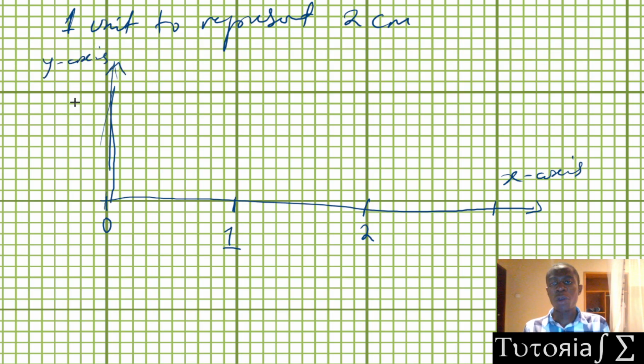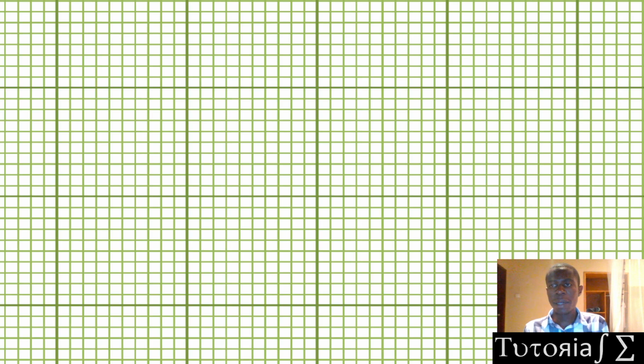Now you'll be taught the same thing. Maybe you're taught 3 units, meaning in threes, to represent 1 centimeter. So count in threes, but after every 1 centimeter.